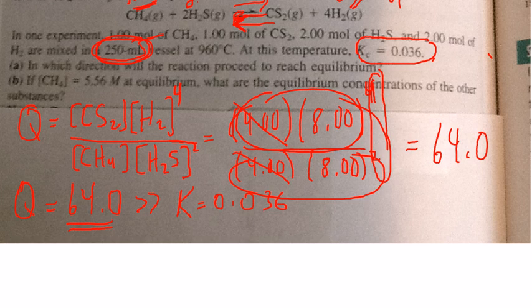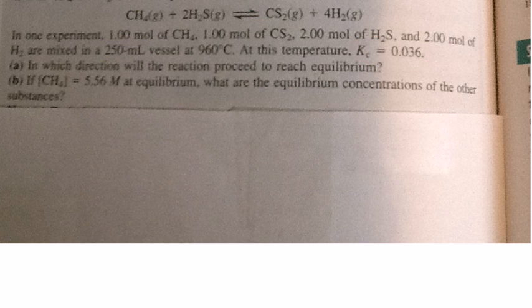Part B asks a different question. If methane's concentration is 5.56 molar at equilibrium, what are the equilibrium concentrations of the other substances? Well, here a RICE table would in fact be useful, right? Because we're talking about having an initial set of conditions and then changing them. Why don't we switch to blue?